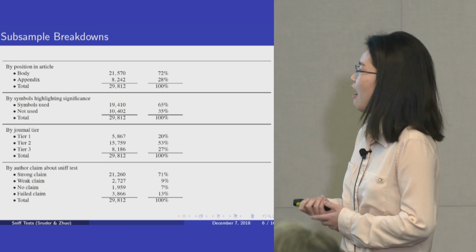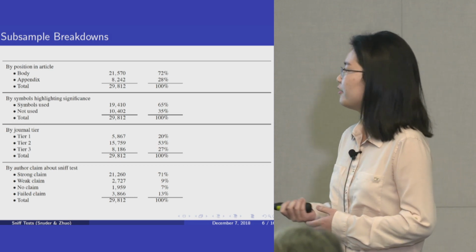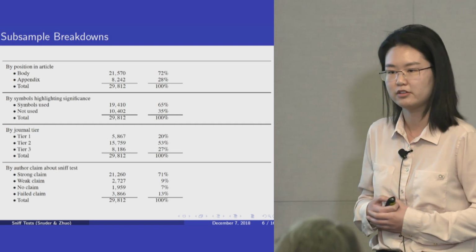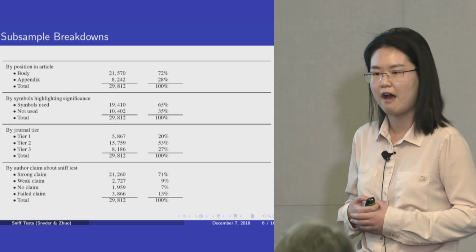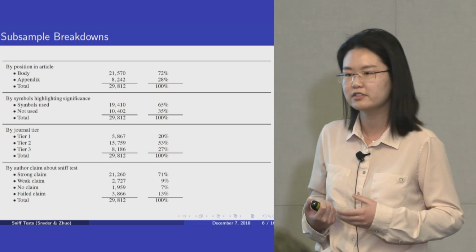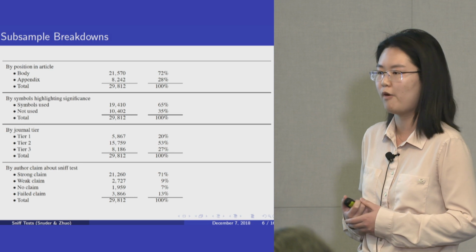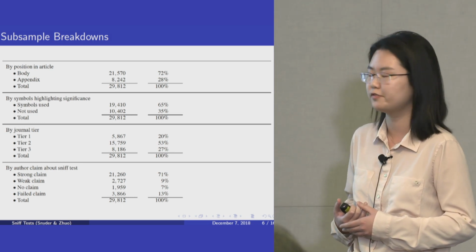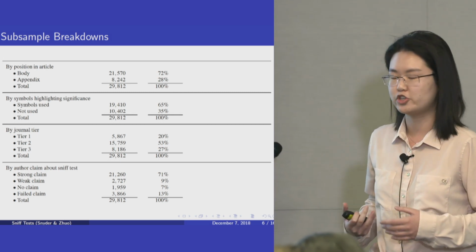We used a 5-year impact factor from the Thomson-Reuters Journal Citation Report, and by authors' confidence about the performance of Sniff tests. A strong claim is when the authors are confident their Sniff tests do well, and when the table contains some significant Sniff test results, they explicitly attribute that to random chance.